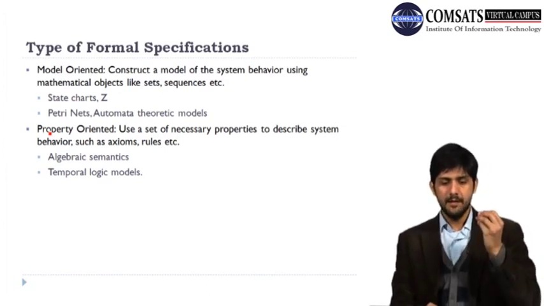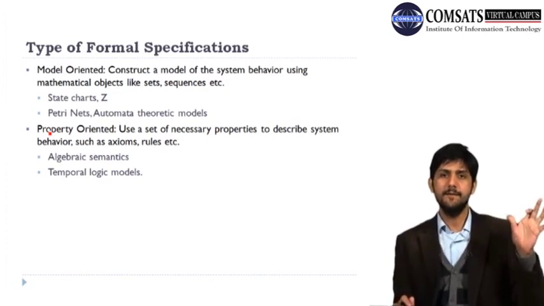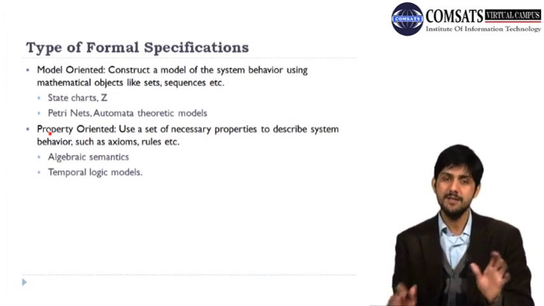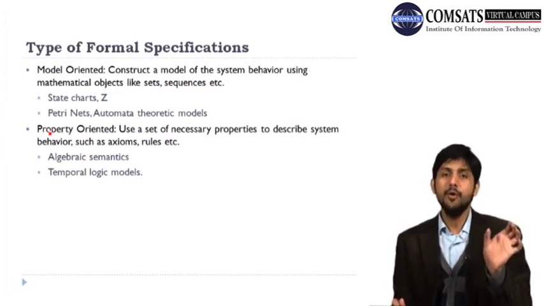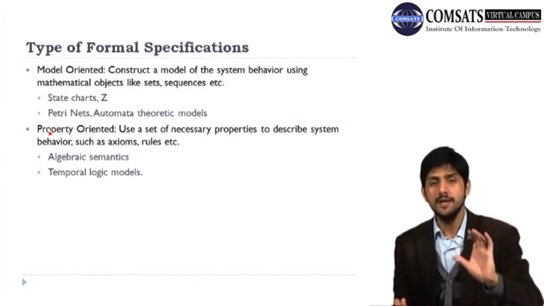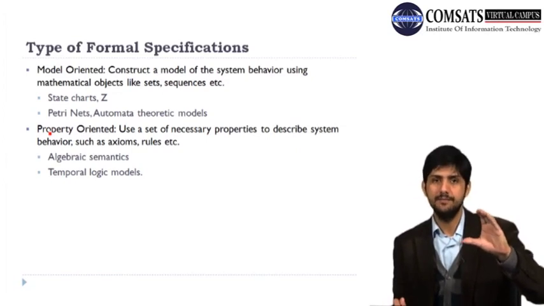So, first of all, we generate a model. If you remember from our last example, the library management system that we modeled, when we were writing the library schema which defined the state of the library, first of all, we tried to model the system's behavior.